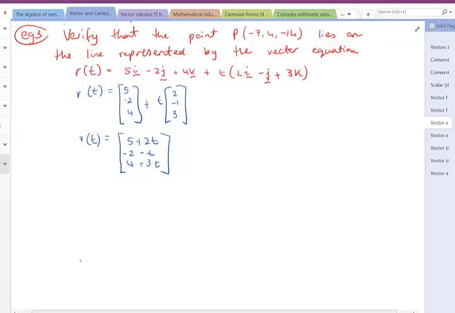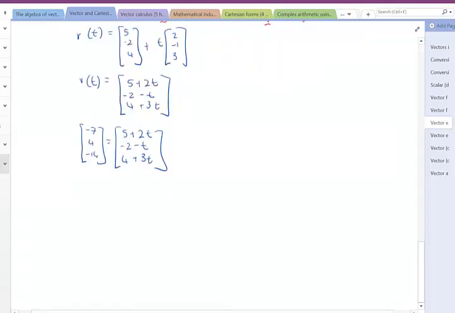Now we want to verify that R can be equivalent to (-7, 4, -14), and the best way to do that is solving these three individual equations. So we'll have -7 is equal to 5 plus 2t. We will have 4 is equal to -2 take t, and we will have -14 is equal to 4 plus 3t. If we solve them all and t is equivalent to the same value, that means it is a point on the line.